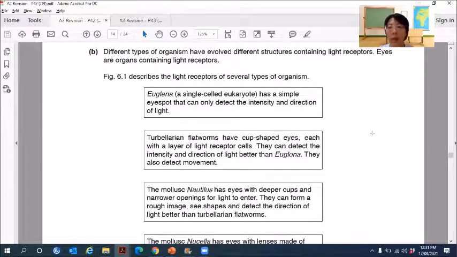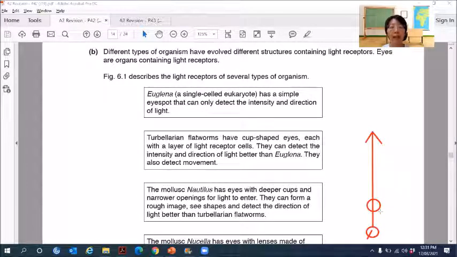Remember, I shared with you before that when evolution happens, we start from a very simple cell here, which is a unicellular prokaryotic cell. It becomes a unicellular eukaryotic cell, because there's compartmentalization in the cell forming different organelles with different structure and different function.